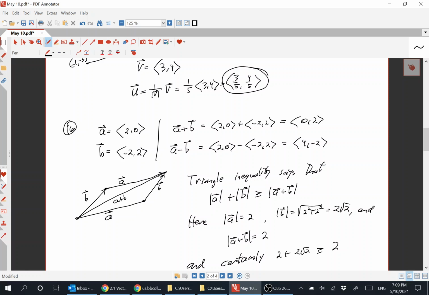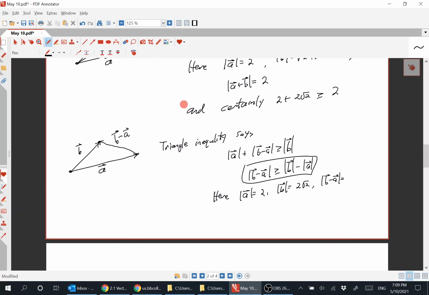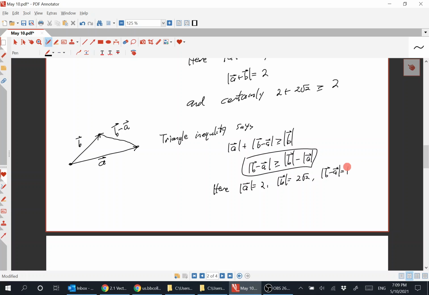So what's b minus a? Just (-4, 2)? Yeah, (-4, 2). So it's the length of (-4, 2). So that length is 16 plus 4, so square root of 20. So 2 square root of 5.